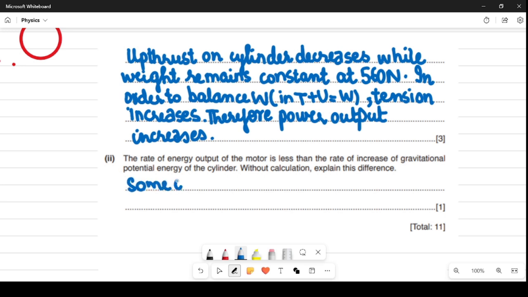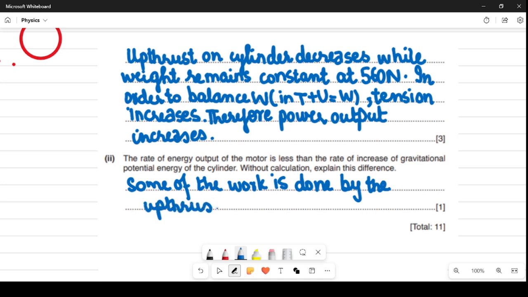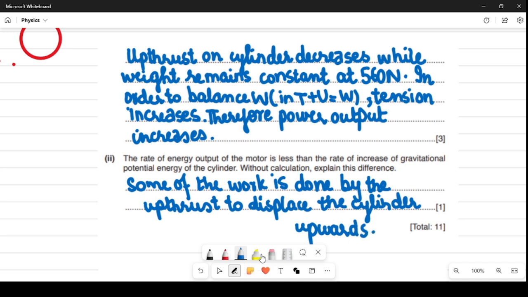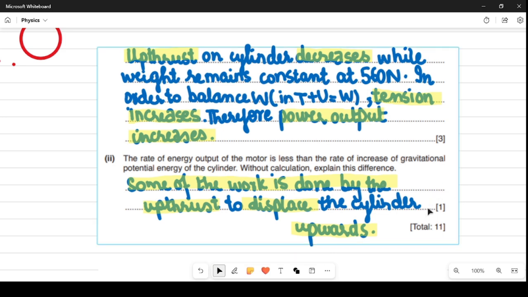Sum of the work. And this was our question number 5.